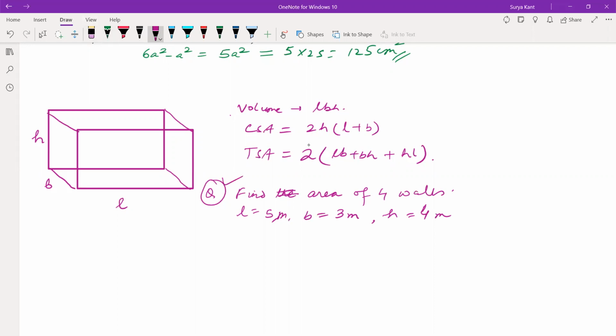Or better, just write this in centimeter. Height is given in, suppose, 400 centimeters. How to find this?